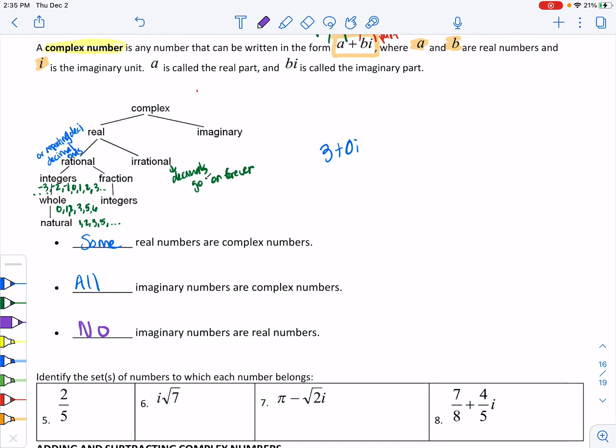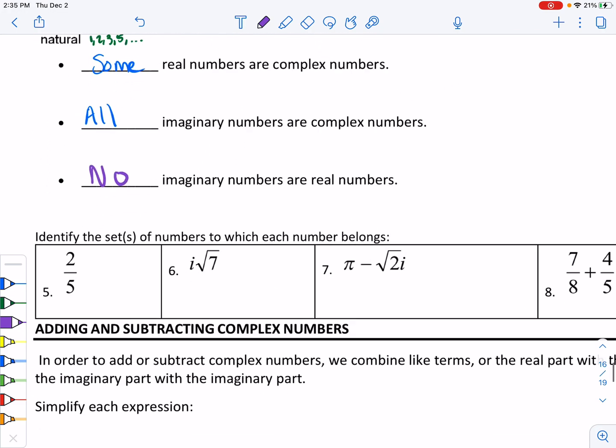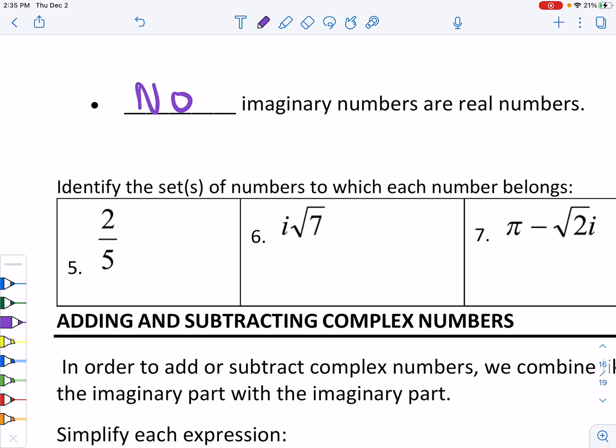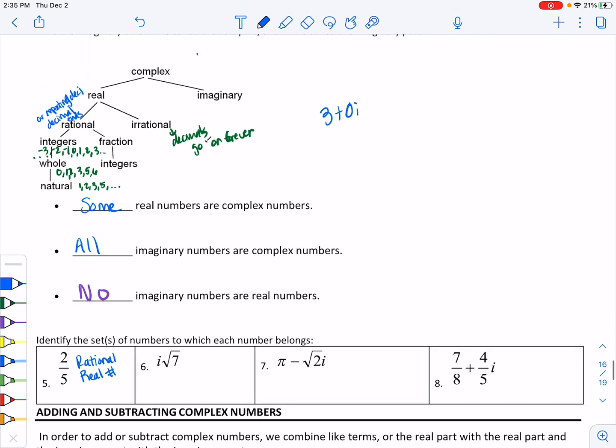Okay. So then we want to look and see which set these numbers belong to. If we look at 2/5, 2/5 is a fraction, so that means that it's rational. It's also a real number. Notice if we've got a rational number, it's also a real number, which also means that it's a complex number.